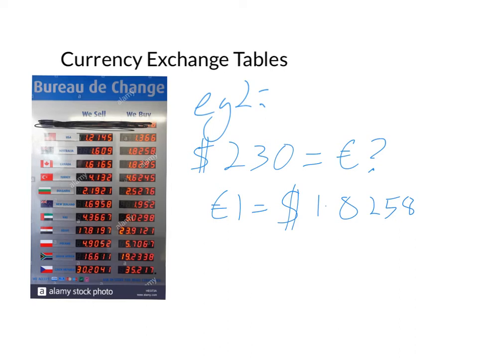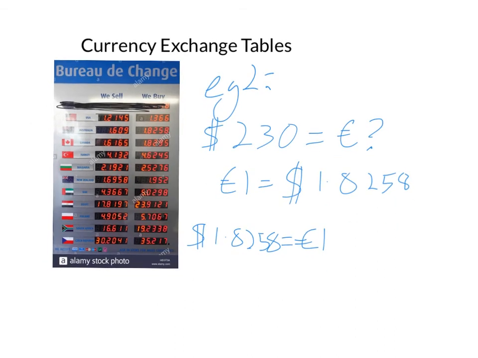Now, normally what we like to do is write the currency we're converting from on the left hand side. So we'll rewrite this and we'll say $1.8258 is equal to €1. We've mentioned before that we always want to have the thing we're converting from as 1. So to get our 1.8258 down to 1, what we're going to do is divide it by itself. Divide it by 1.8258. And that means on the right hand side we have to do the same thing.